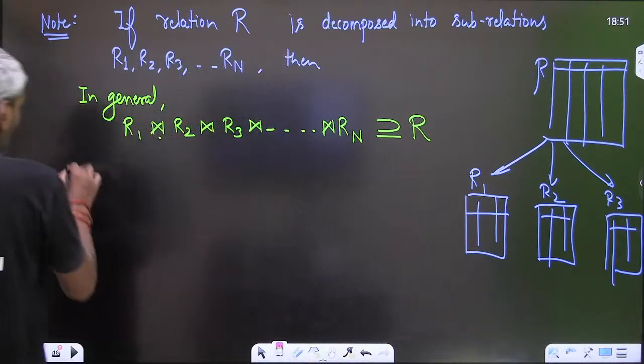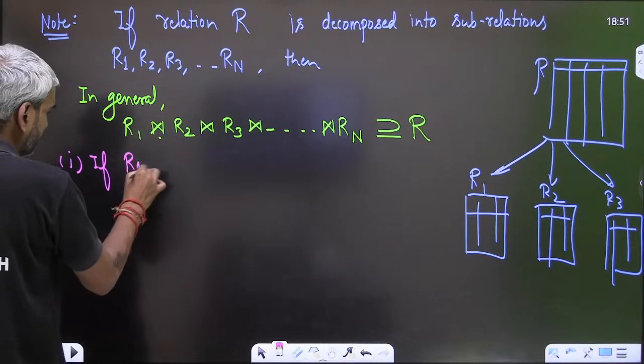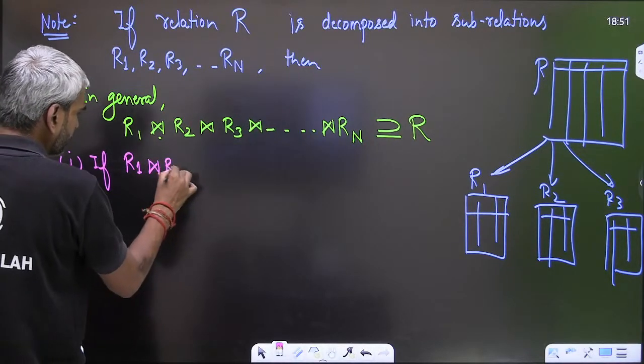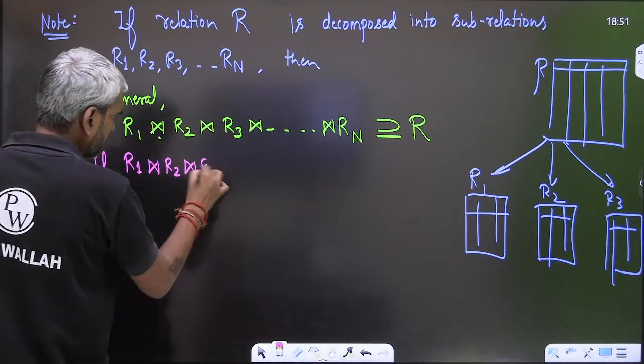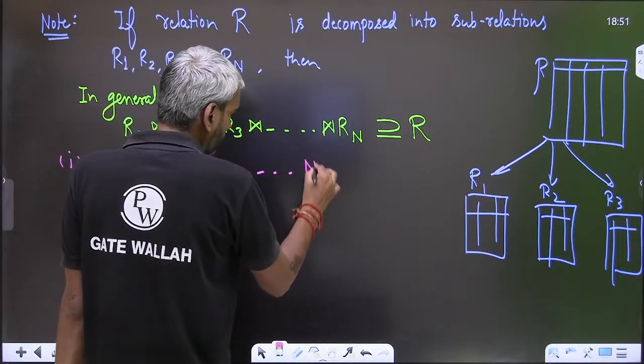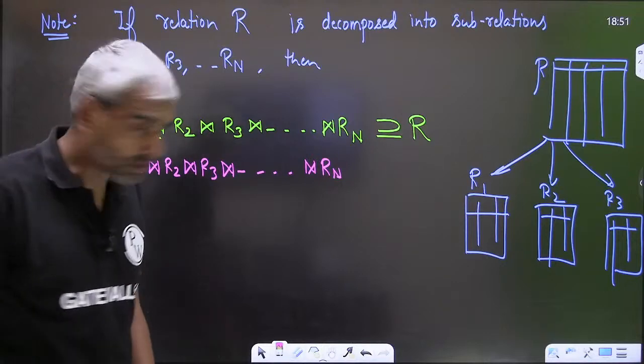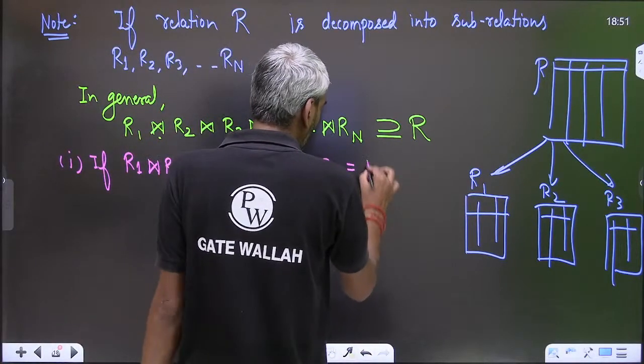There are two things. First is if the natural join is exactly equal to R. I hope you may be thinking, sir, is it required at the time of relational algebra? No, sir, it is not required from the relational algebra point of view.